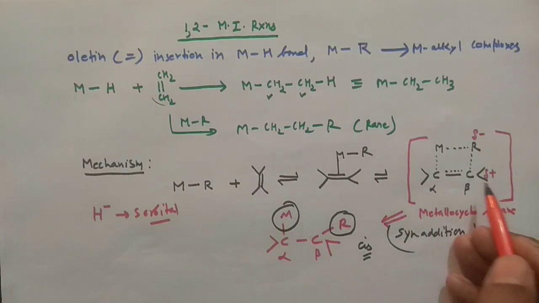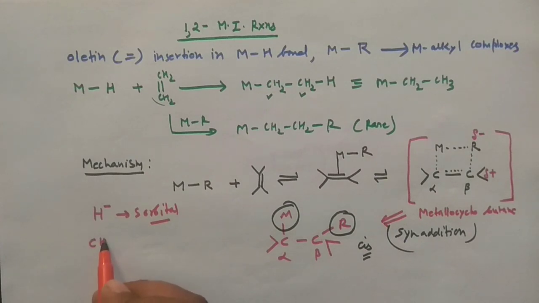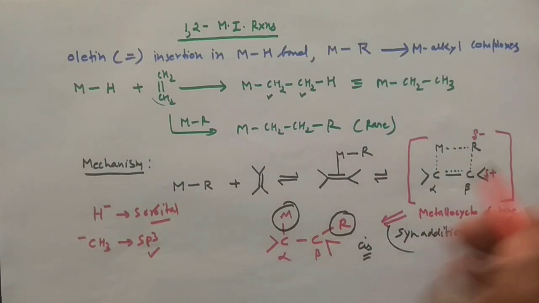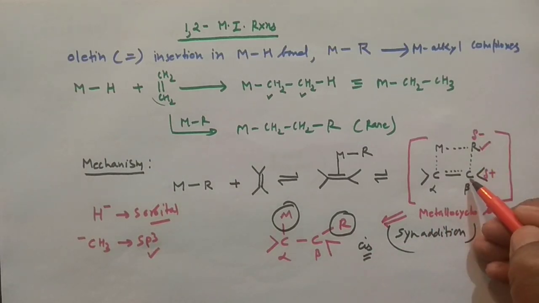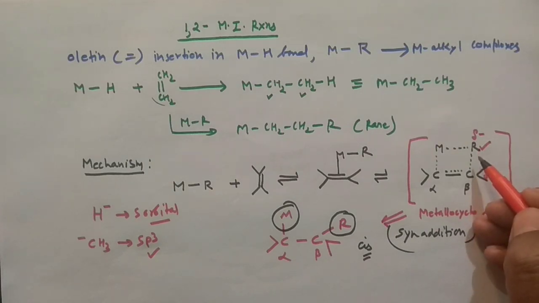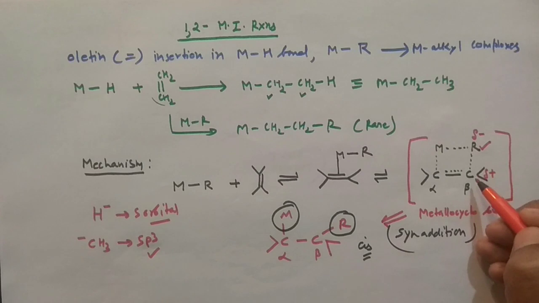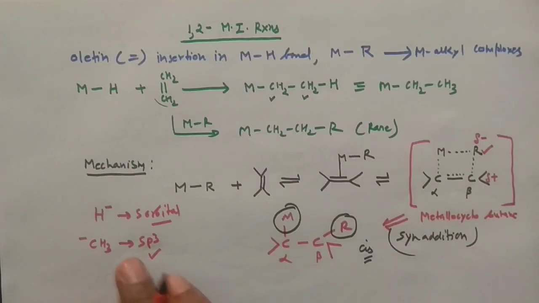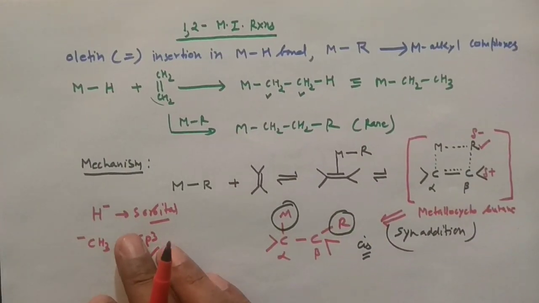So this reaction is very facile. But if you take CH3 negative, this carbanion has an sp3 hybrid orbital. The overlap of this sp3 hybrid orbital of R and the carbon's orbital is not very good, which is understandable if you know the basics of organic chemistry. That's why it is happening here. This is something very important which you should always keep in mind.